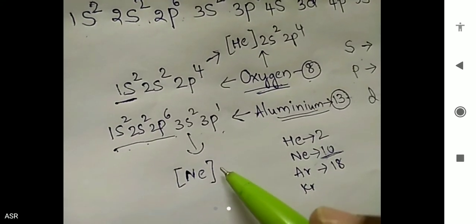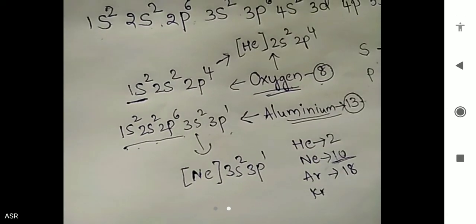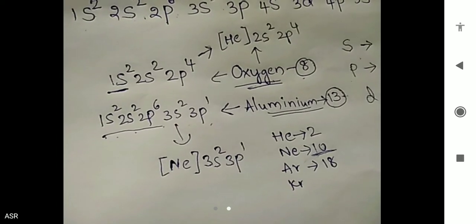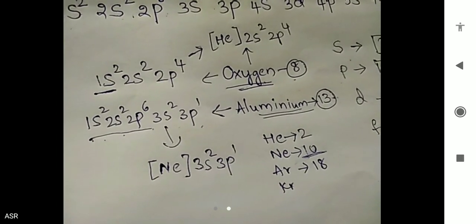In such a case, you can write here the neon configuration, Ne. Then you will write the remaining, whatever is left: 3s2, 3p1. This is the configuration of aluminium. Right, children?